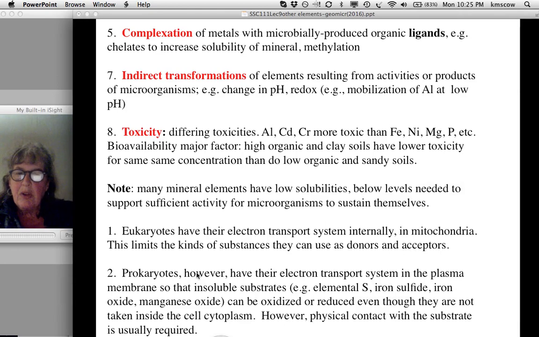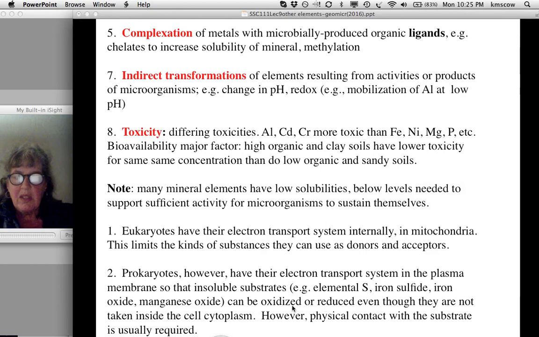In contrast, prokaryotes, because their electron transport chain is in the plasma membrane, can actually colonize close to what would be insoluble substrates like elemental sulfur, iron sulfides, iron oxide, manganese oxide, and then they can convert them.